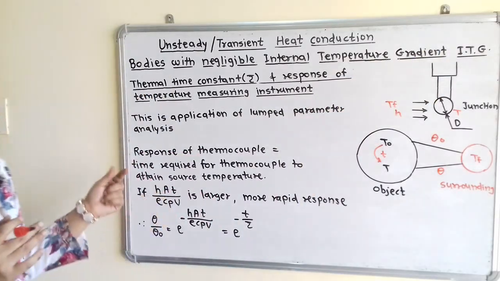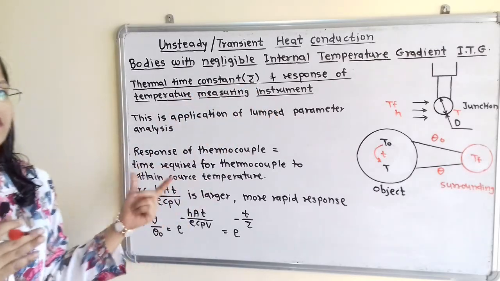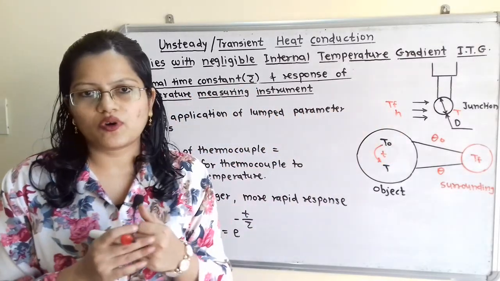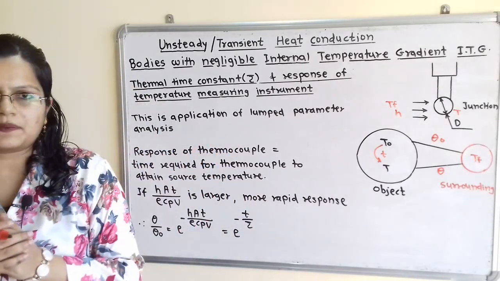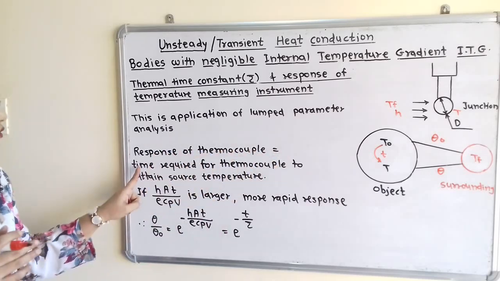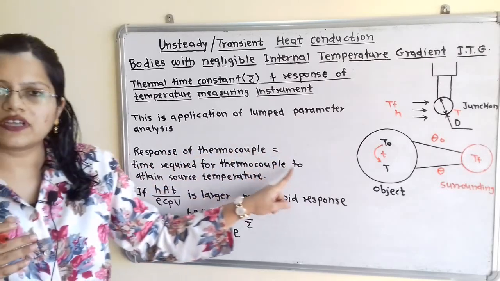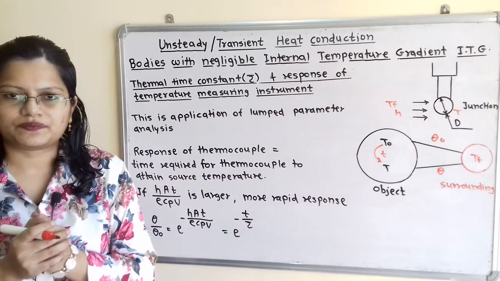Now we will move to the response of the temperature measuring instrument. So in this case we will use the thermocouple. How can we measure the response of the thermocouple? The response of the thermocouple is equal to the time required for the thermocouple to attain the source temperature.